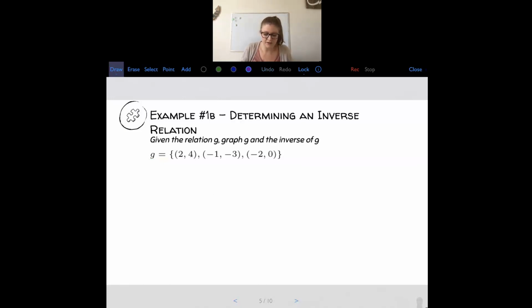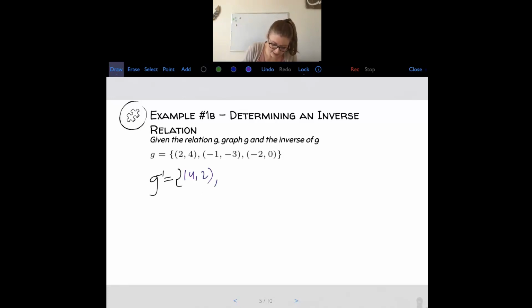Okay, and then we can also determine it by interchanging x and y. The notation for inverse, which we'll get into a little bit later, is G^-1. That's just the notation for inverse. So instead of (2, 4), we would have (4, 2). We interchange x and y.